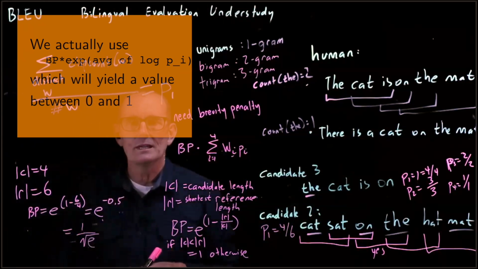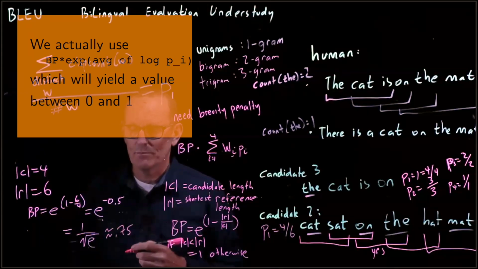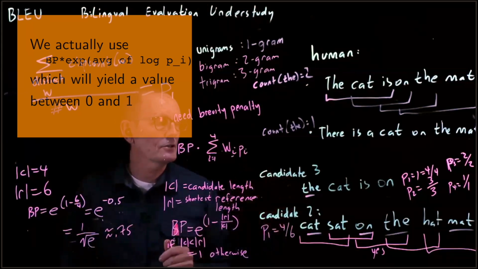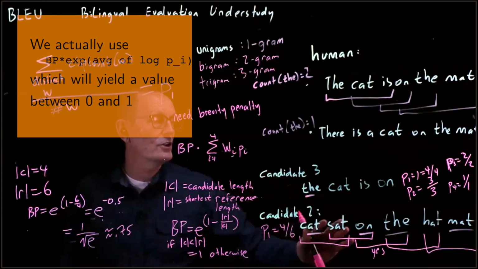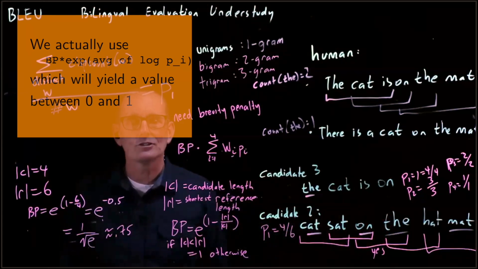That's about, I don't know, 0.75? Probably less than that. Somewhere between 0.5 and 0.75, I think. So that will correctly add a penalty to candidate 3, where candidate 2 would have no penalty because it has the same length as the shortest reference.